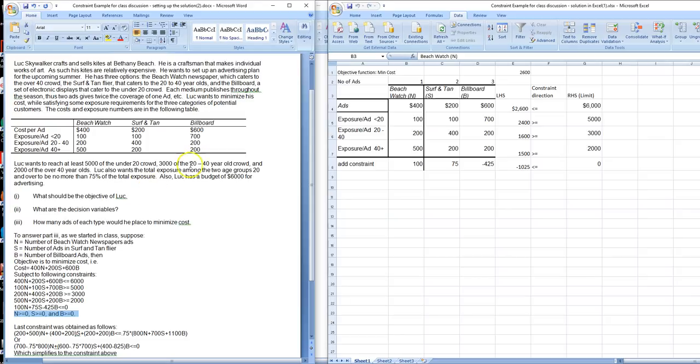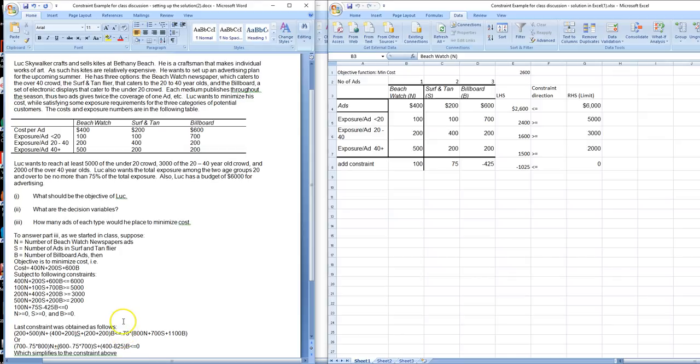So total exposure is the sum of exposure by Beach Watch newspaper, which is 100 plus 200 plus 500 multiplied by N. Similarly, total exposure by Surf and Tan is sum of 100, 400 plus 200 times S. And similarly for billboard ads, 700 plus 200 plus 200, which is 1100 times B. And so that's what you have here, 800N, which is 100 plus 200 plus 500, plus 700S, 100, 400 plus 200, and similarly 1100B. 75% of that.